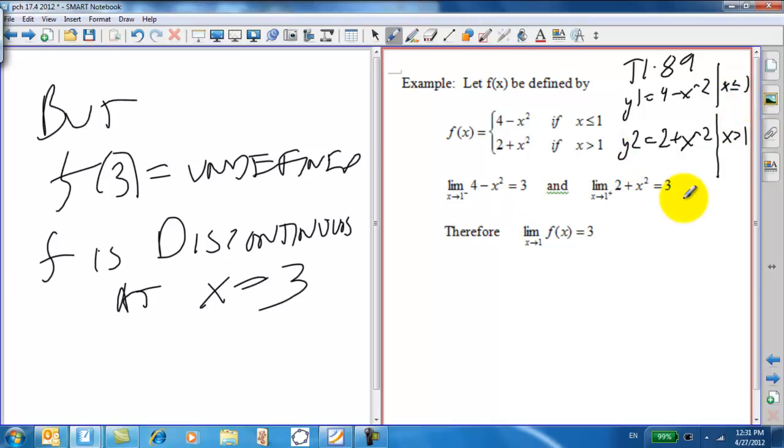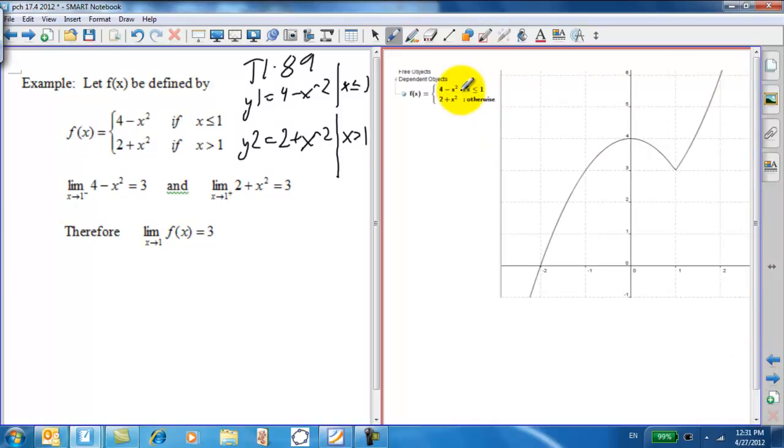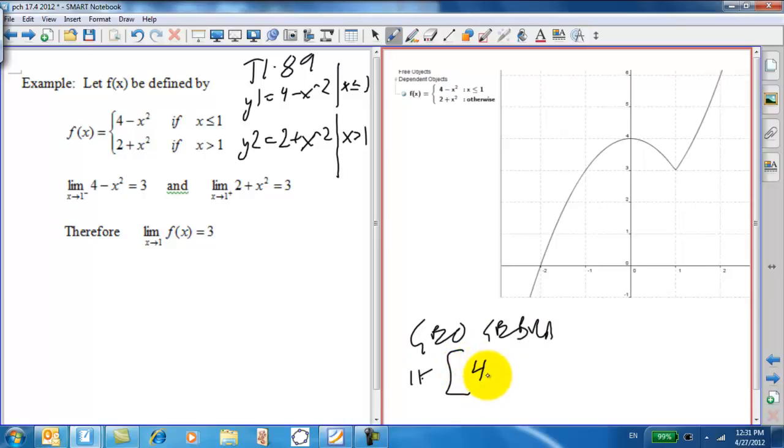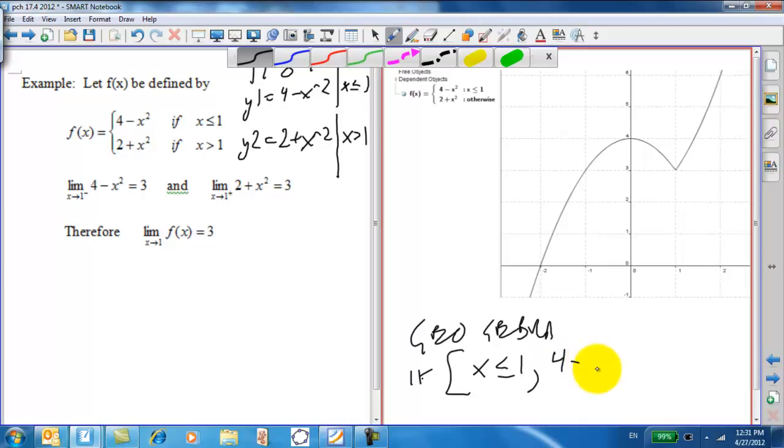Now let's see why this limit exists in both directions. Notice how it's done in pieces. On GeoGebra, I use the if idea, and you can put the conditions down. It's actually a little different in GeoGebra for those that want to do some of these for your homework. In GeoGebra, you have to go if, and then it puts the brackets down. First of all, you put down the condition, which in this case is x less than or equal to 1, comma, and then you put down the function 4 minus x squared.